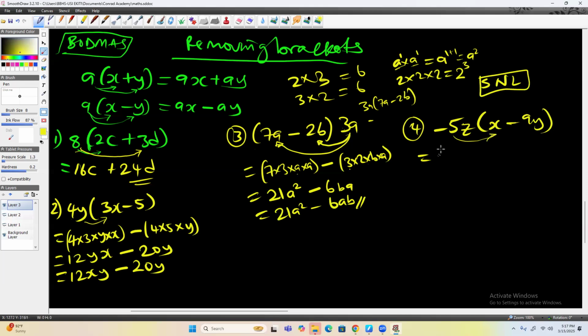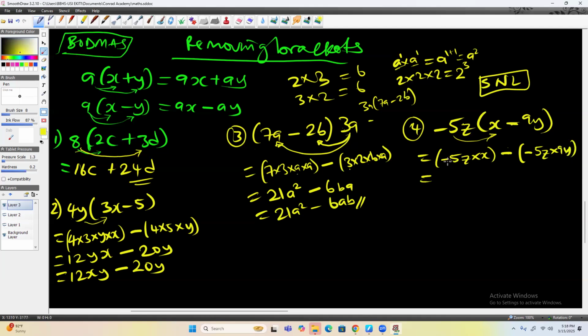So we have negative 5z times x, and this minus here gives negative 5z times 9y.